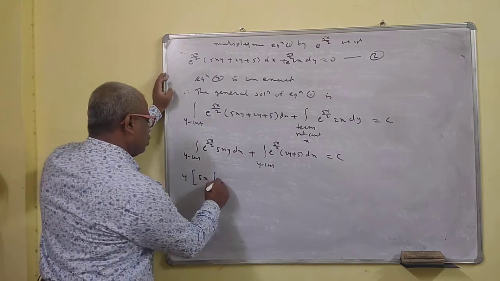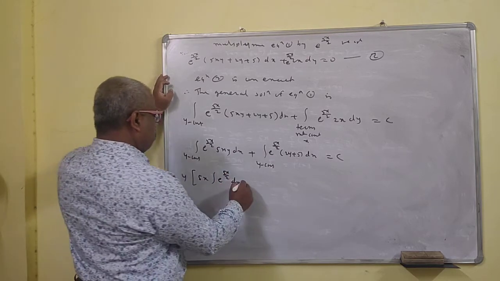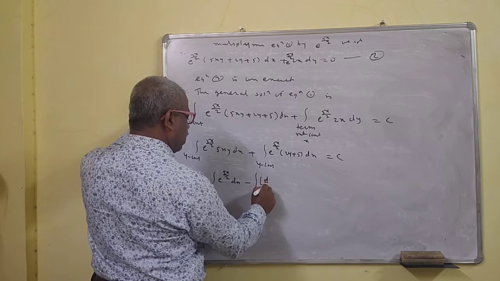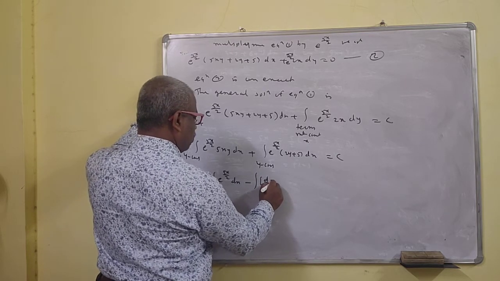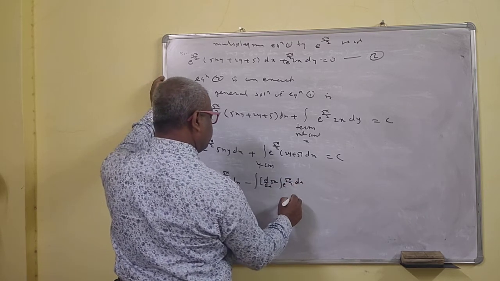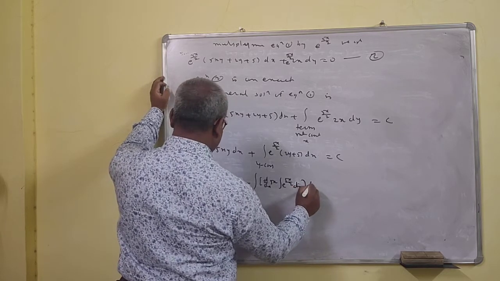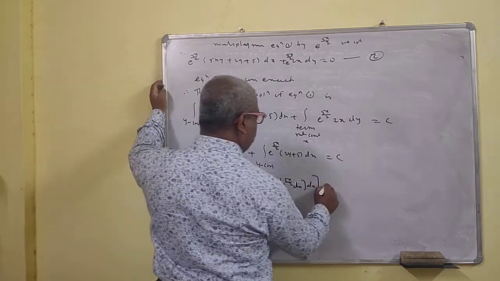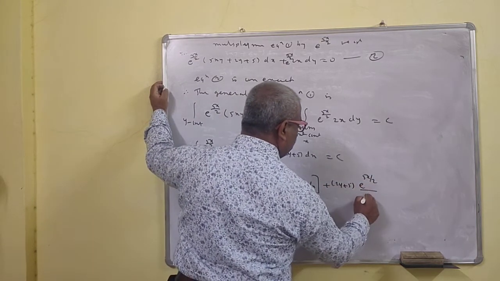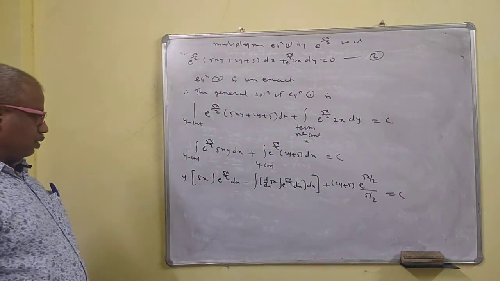So y times the integral of 5x e raised to 5x by 2 dx, minus the integral of the derivative of 5x times the integral of e raised to 5x by 2 dx, bracket complete, plus (2y plus 5) e raised to 5x by 2 upon 5 by 2, is equal to C.